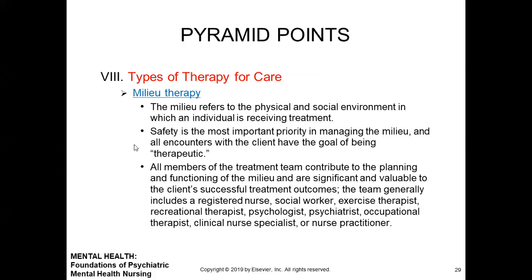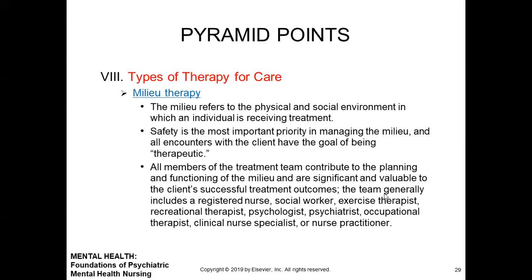In this therapy, safety is the most important priority in managing the milieu. All of the members of the treatment team contribute to the planning and functioning of the milieu and are significant and valuable to the client's successful treatment outcome, right?